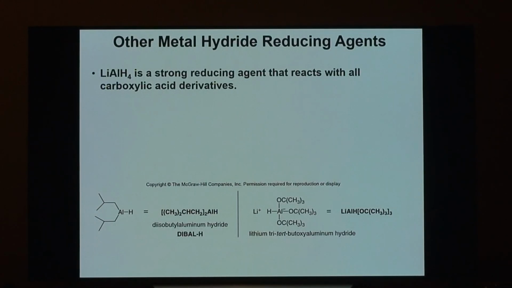With respect to the strength of the reducing agent, lithium aluminum hydride is a very strong reducing agent. Sometimes we want to decrease the strength of the lithium aluminum hydride. In order to do this, we replace some of its hydrogens. Lithium aluminum hydride has 4 of them. We replace almost all of them except one with a bulky group.